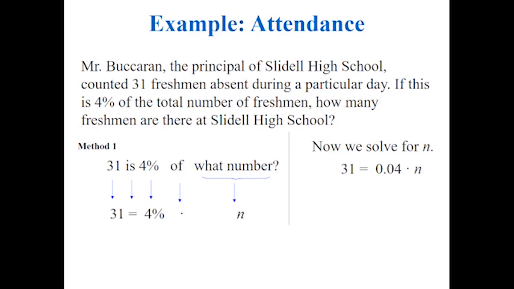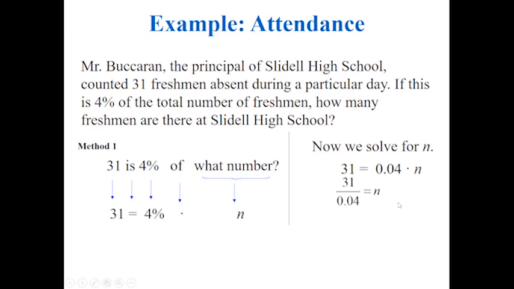Four percent becomes 0.04. We want to get the n by itself. We want to undo multiplying by 0.04. We do that by dividing both sides by 0.04. That gets the n on its own.